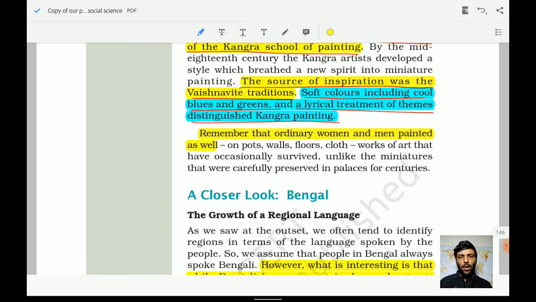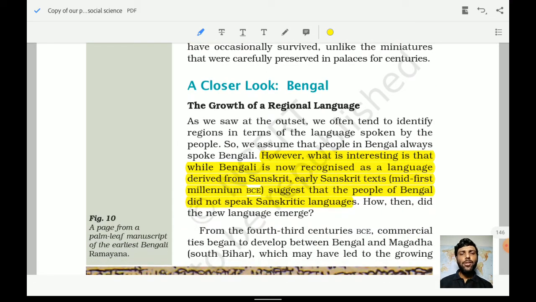Okay, now let us move ahead and talk about Bengal, what the situation was in Bengal and how the Bengali language developed. There is an interesting thing: Bengali is now recognized as a language derived from Sanskrit. Early Sanskrit texts, talking about the first millennium BC, suggested that the people of Bengal did not speak Sanskrit languages.